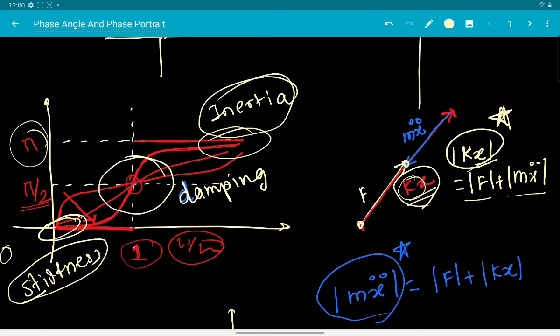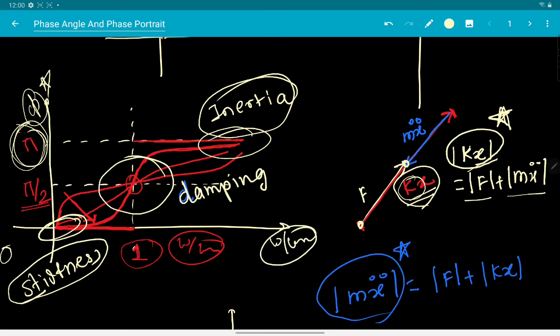Hence we are plotting the phase difference of the steady state displacement compared with the external forcing. This phi captures that, and we are plotting it for various values of omega by omega n.